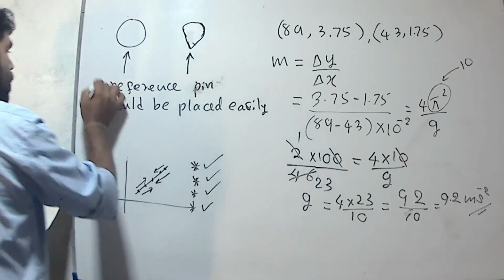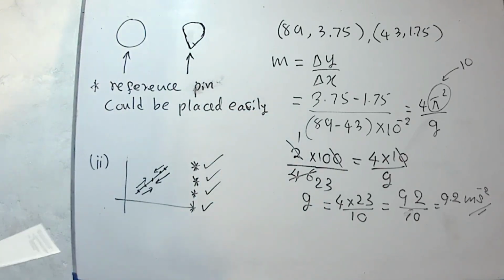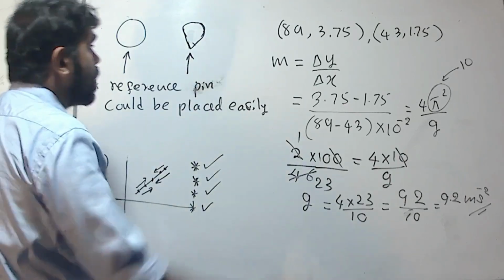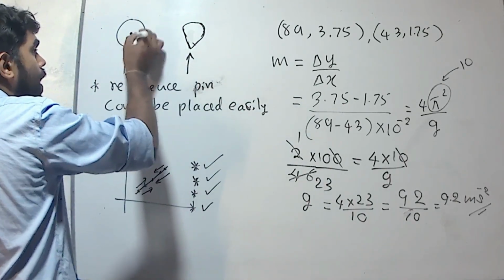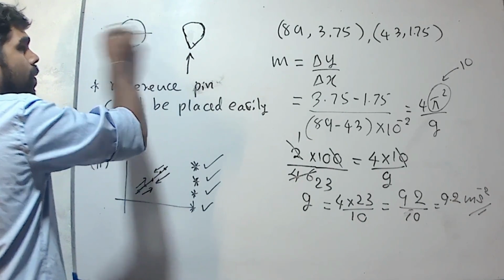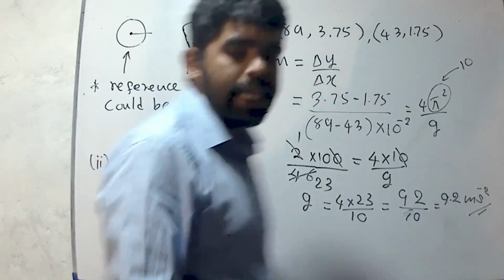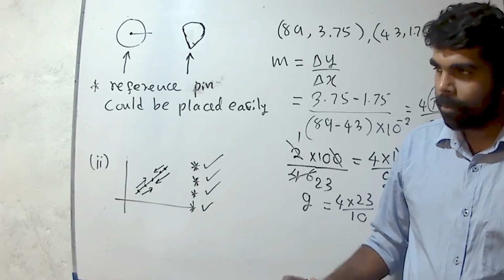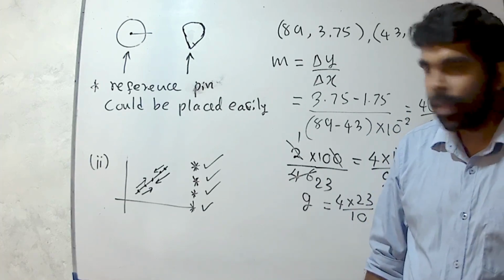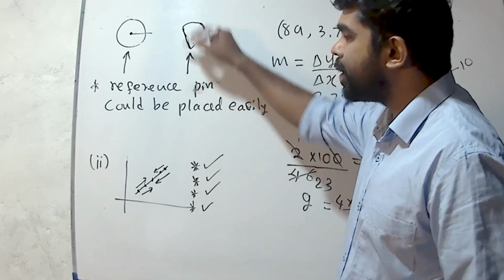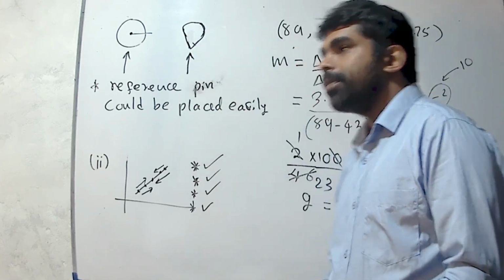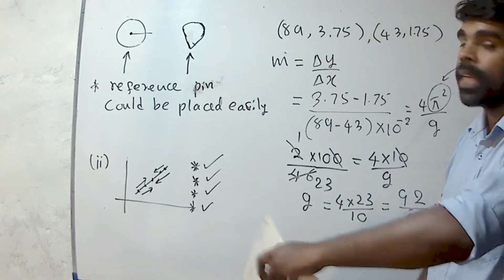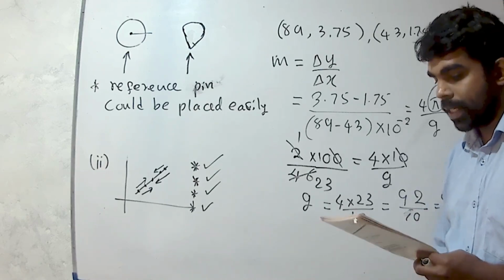It is the advantage. But the disadvantage is when measuring length, we can identify the center of gravity of a spherical object clearly because it is the midpoint of the sphere. But we can't identify the center of gravity for the conical shaped object.